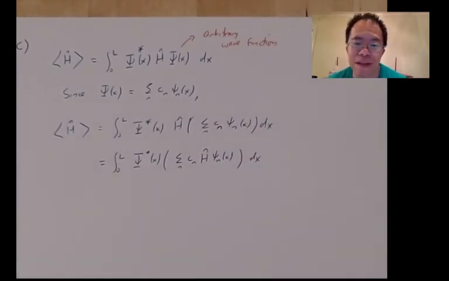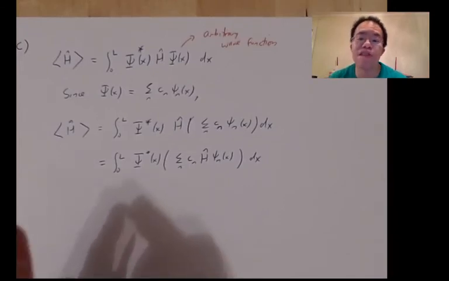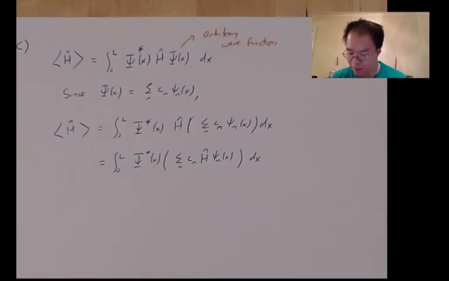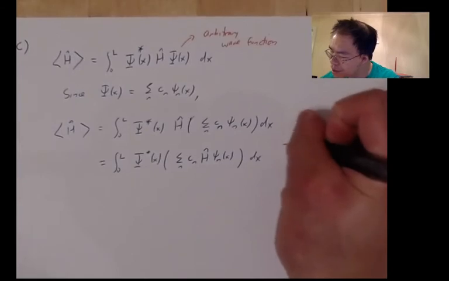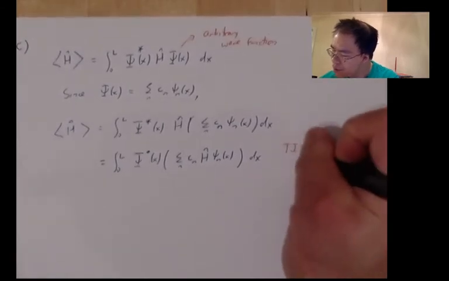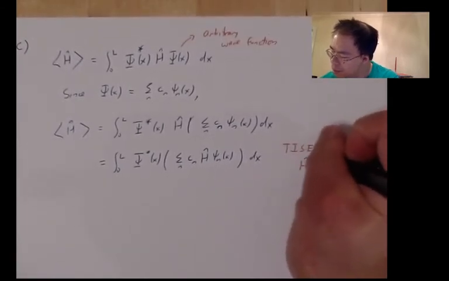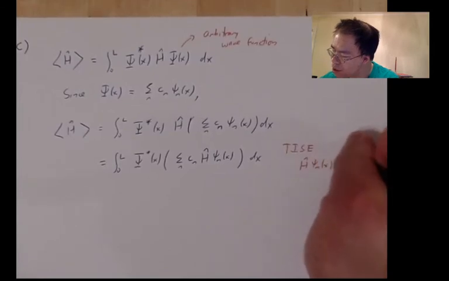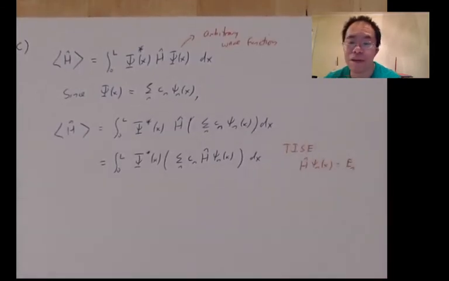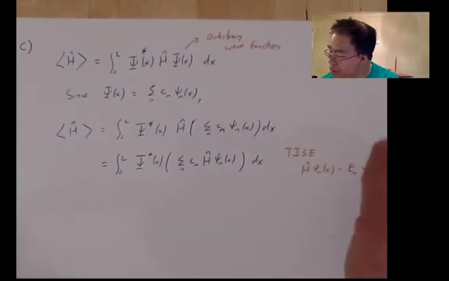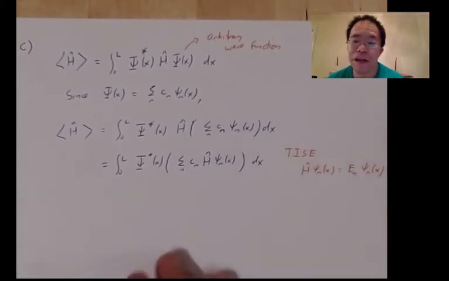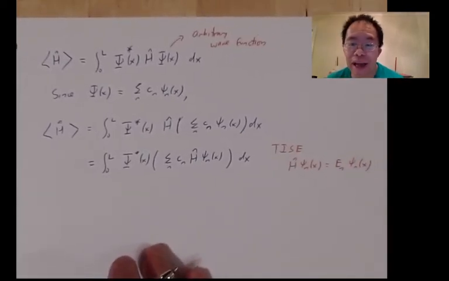dx. Right. Now here's where we use the time-independent Schrodinger equation, because we know that the stationary states are energy eigenfunctions, right? So the TISE says that the Hamiltonian acting on psi n is none other than my energy times my energy eigenfunction right back.